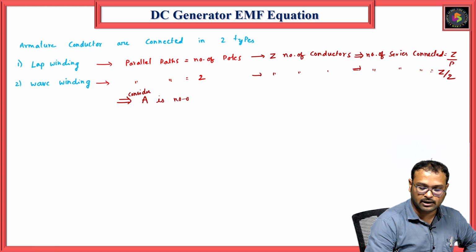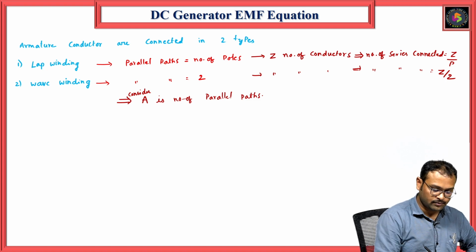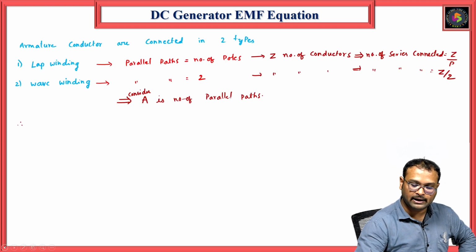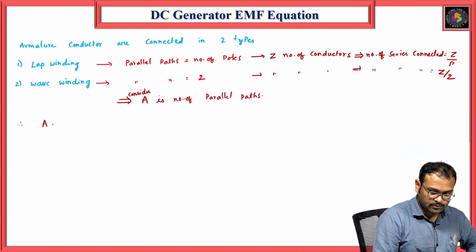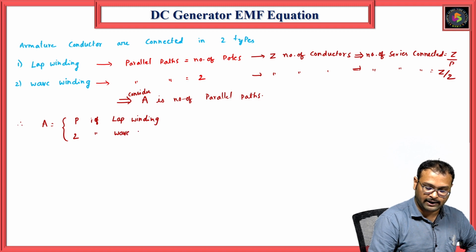A represents the number of parallel paths. Therefore, we get A is equal to P if lap winding, and A is equal to 2 if it is wave winding.